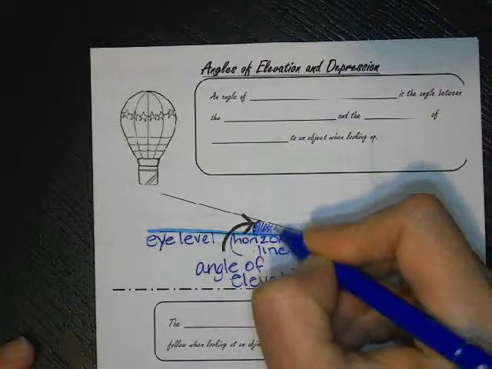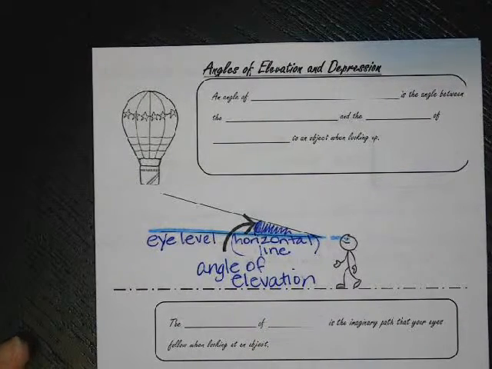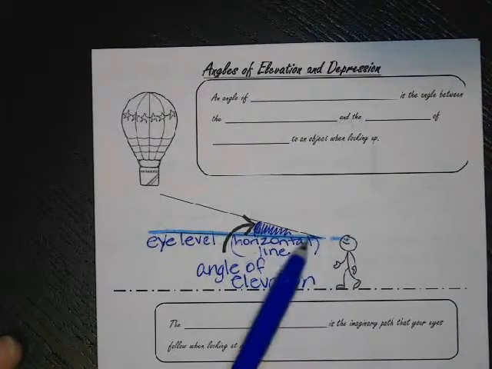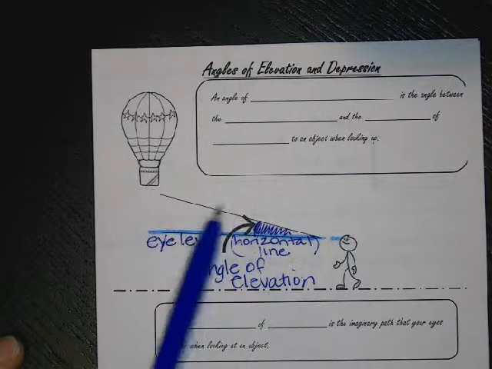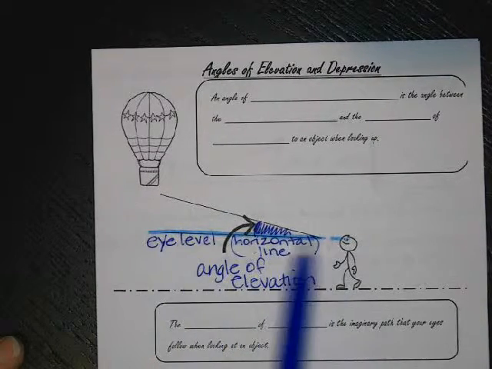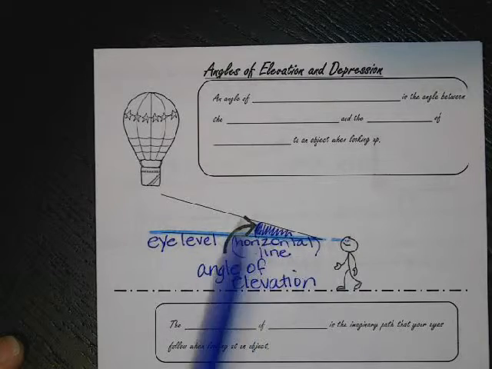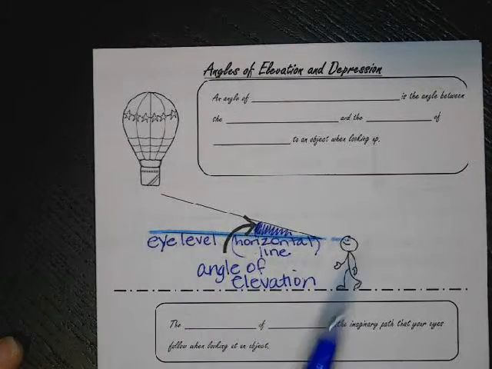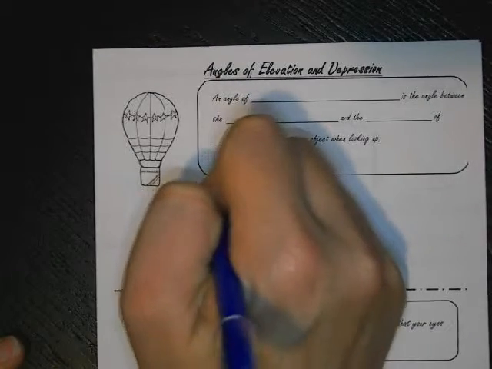So this inside right here, that's the angle of elevation. And then this line that's right here is an imaginary line. It's not actually drawn. Just like our eye level line is not drawn, this line right here is not drawn either. It's called a line of sight.